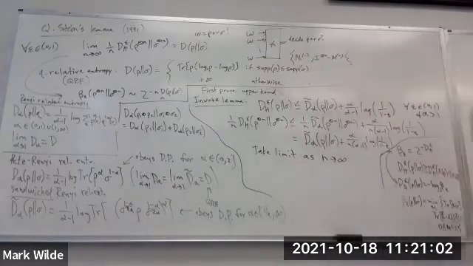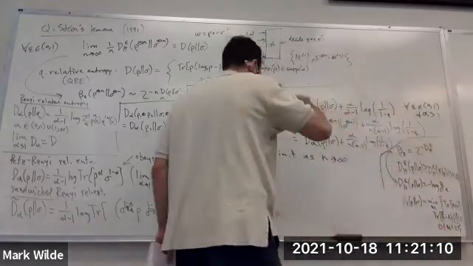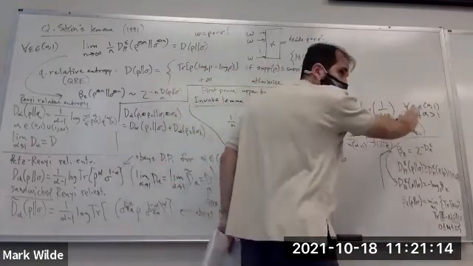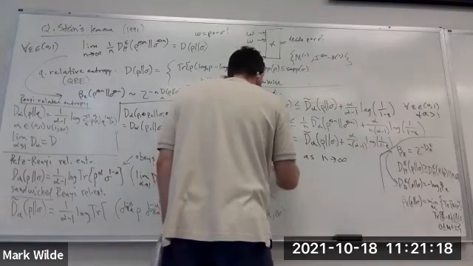This inequality holds for all alpha strictly greater than 1. So we'll make the assumption that alpha is strictly greater than 1. Take the limit as n goes to infinity. This correction term goes away. Right? So then we're left with the limit as n goes to infinity.